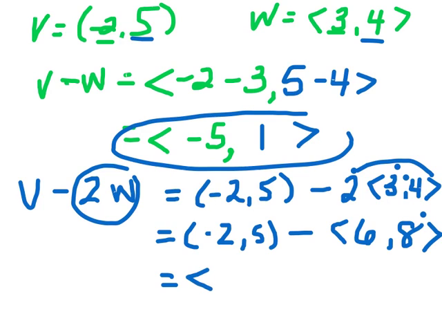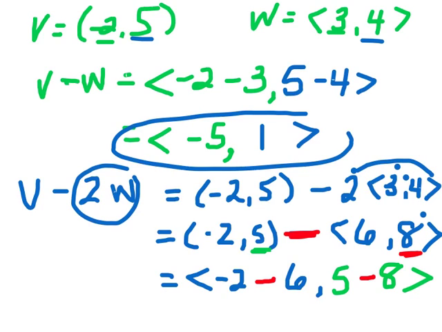Looking at my vector, it's negative 2, and remember there's a minus here, so minus 6, that's the x part. I'll do the y part in a different color, I'll go to green. And 5, and then we have the minus sign right here, and then we're supposed to subtract this 8. Okay, so when I get done, negative 2 minus 6 would be negative 8.